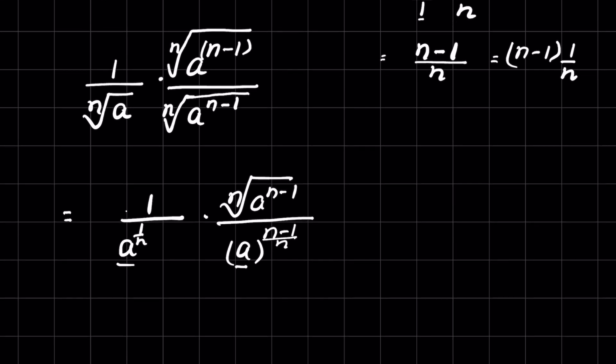Now the bases are the same. There is an identity: a raised to the power m times a raised to the power n is equal to a raised to the power m plus n. So here we add the exponents.